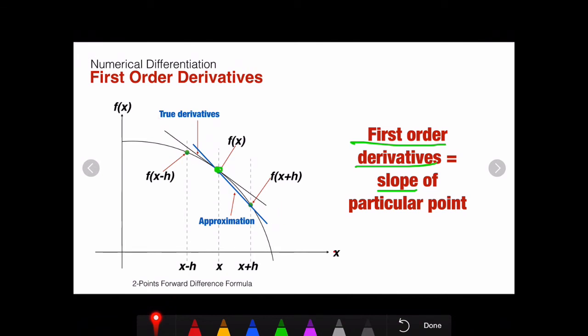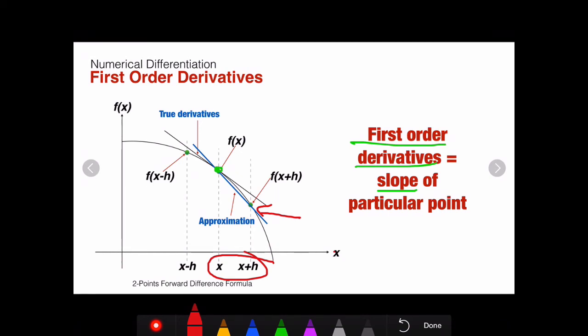So we can do the approximation by using this point and this point. For example, here we are using the forward difference formula, meaning that we use only these 2 points to draw the approximation line. The best approximation is one that is as parallel as possible to the true derivative.